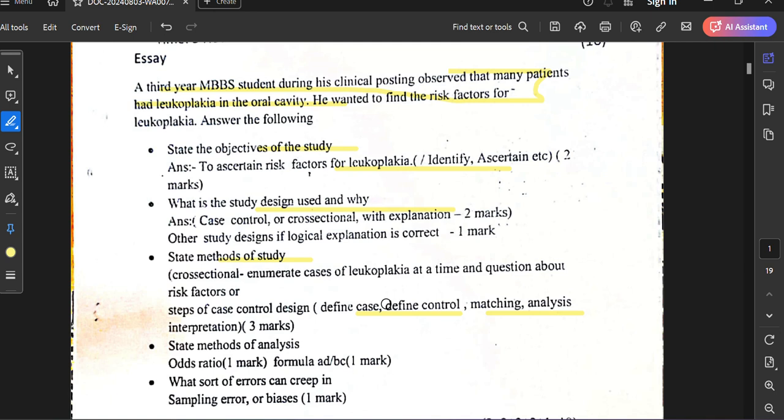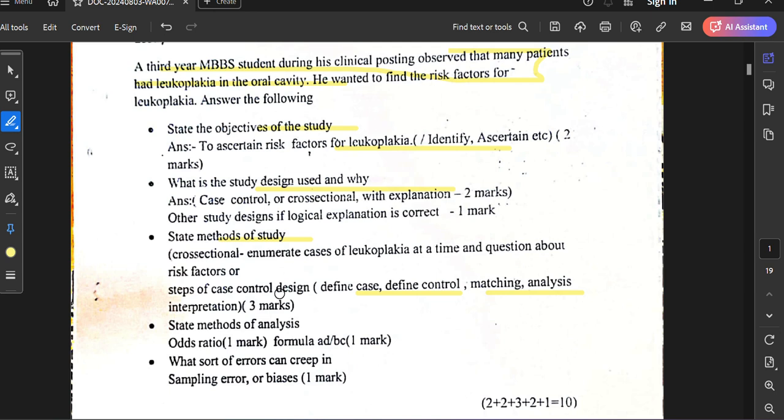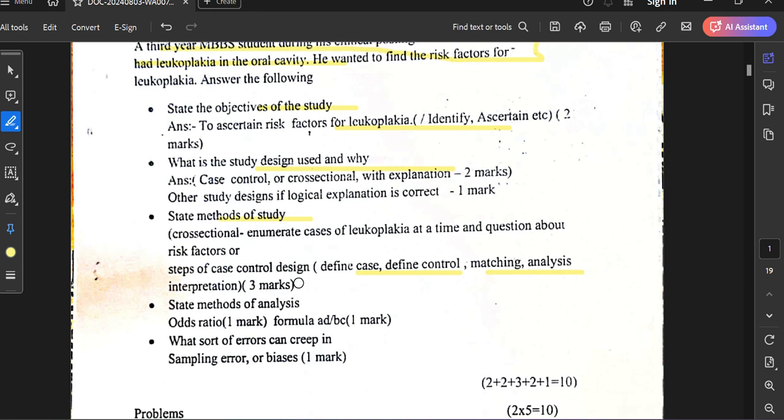So, in a case control study, you should define the case, you should define the control, you should know how the case and the control are matched, and you should analyze and interpret the study. State the methods of the analysis. So, the methods of study can be cross-sectional or case control.